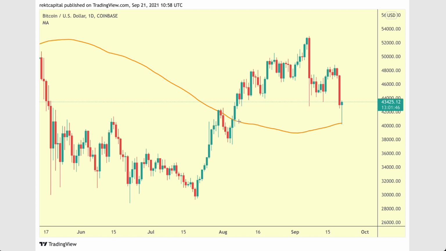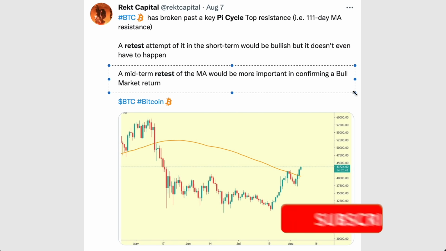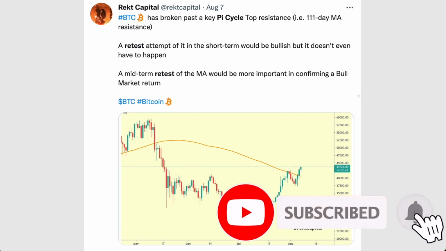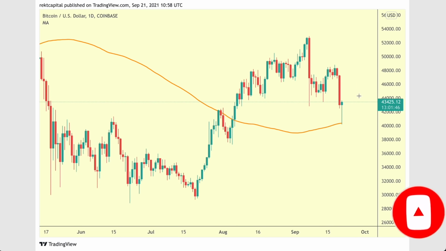So previous resistance is now new support, and we need to see this hold as a support for a midterm retest to be ensured, because that's what's really important to confirming a bull market return. This has been a key historical component in returning to these bull markets.